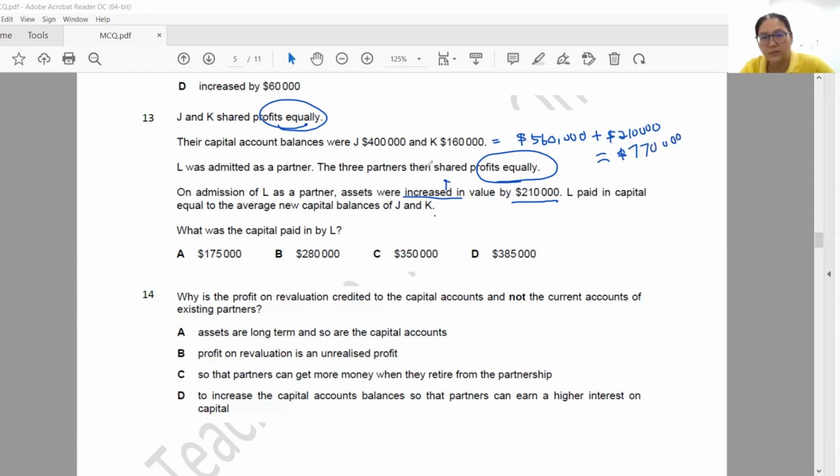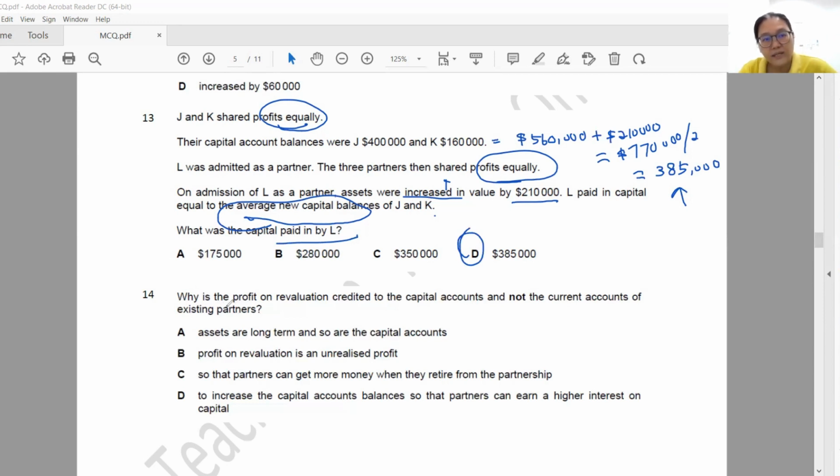This is the total capital for both after the increase. The average of the new capital means taking 770,000 divided by 2, you will get 385,000. So this is the amount that L has to pay. So your answer will be D.